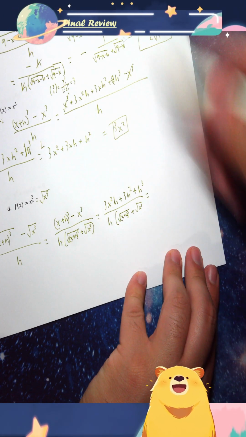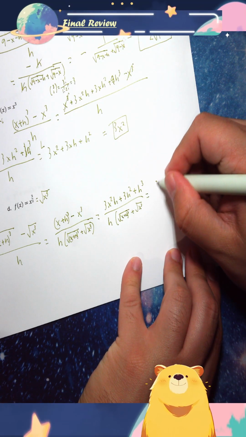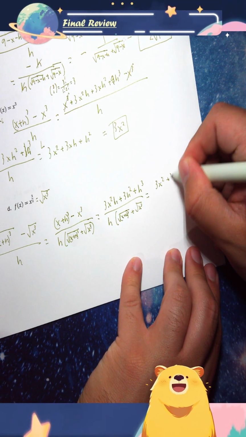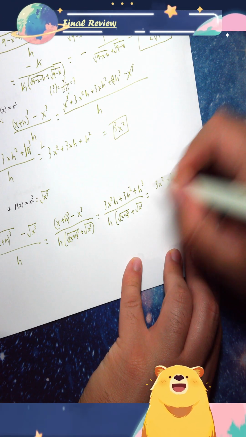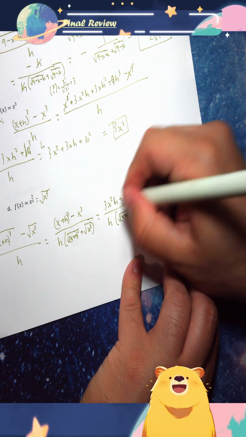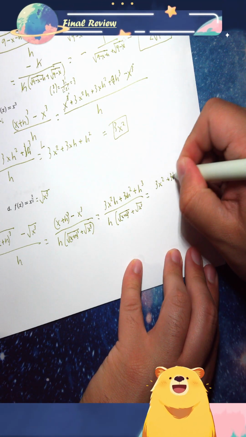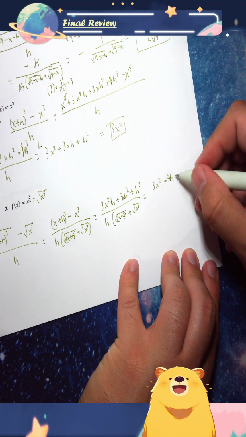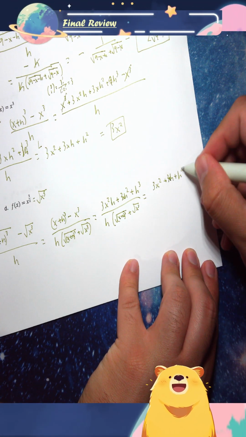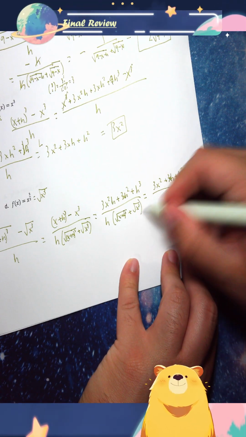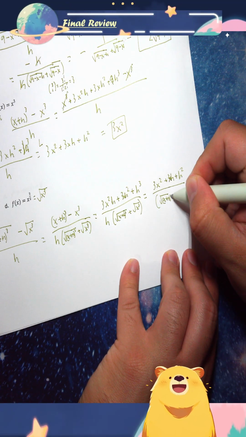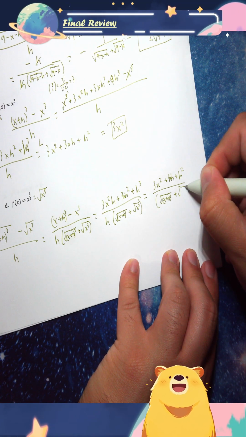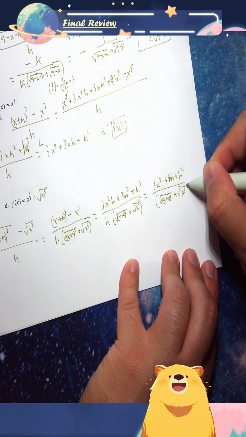Actually, I should have just copied it from here, but either way. 3x squared plus 3, or 3, no, just not x. Wait. Yeah, there's an x. Excuse me. I'm going too fast. 3xh, and then plus h squared over this guy, the square root of x plus h cubed plus the square root of x cubed.